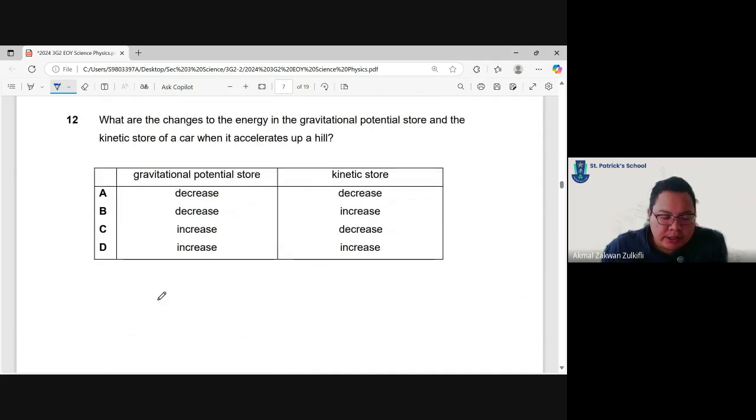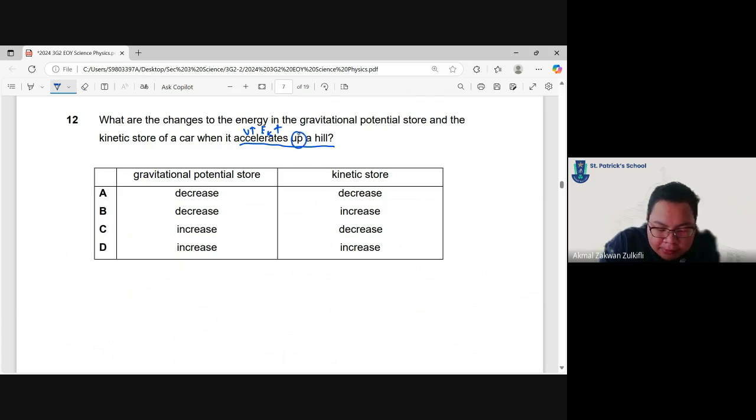What are the changes to the energy in the gravitational potential store and the kinetic store when it accelerates up a hill? Okay, accelerates tells me that v is increasing. If the speed is increasing, what do we know about the kinetic energy? The speed increases, the kinetic energy will also increase.